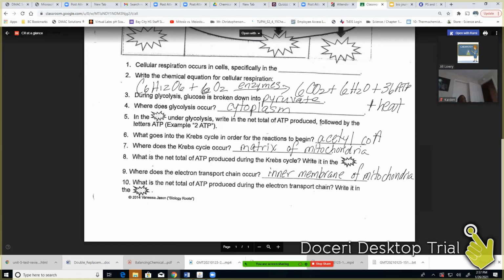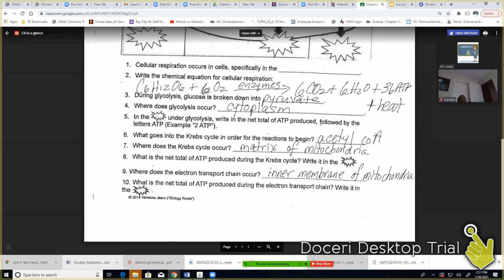Like, that little black swirly thingy in the matrix of the mitochondria? What swirly thingy? The black circle right here in the middle? Yeah, that's supposed to be the Krebs cycle. So if you look at these, it says acetyl-CoA, Krebs cycle, and then the electron transport train.